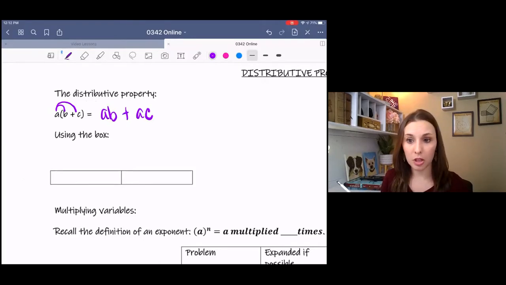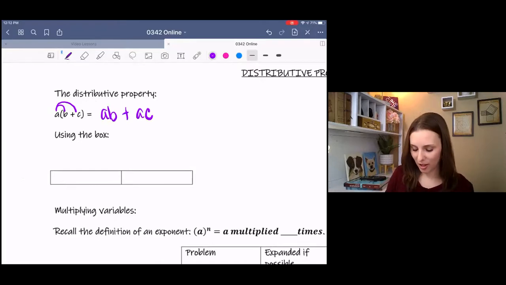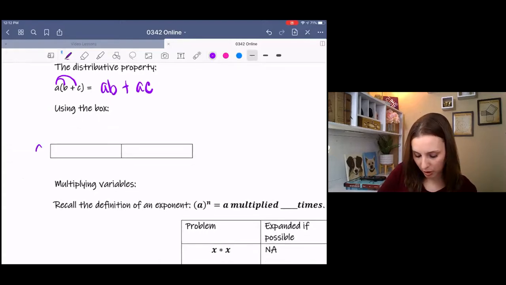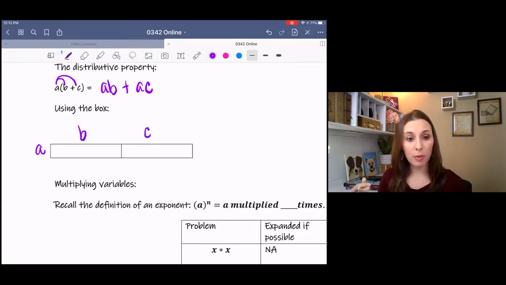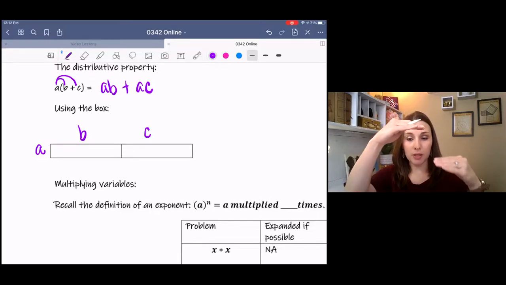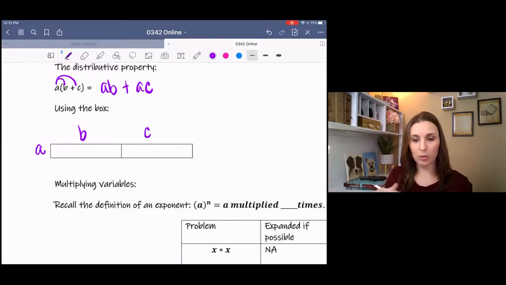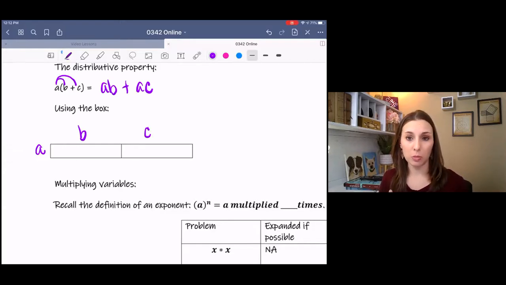Another method that I really like to use is the box. With the box, you put one component on the outside, and the polynomial or the binomial, whatever it is, on the top. It's kind of like a Punnett square if you've ever taken biology. You multiply the top and side, and then the top and side again. So it's still the distributive property, just in a box form. I really like the box because it's very organized, and this will make a lot more sense when we get into multiplying polynomials.